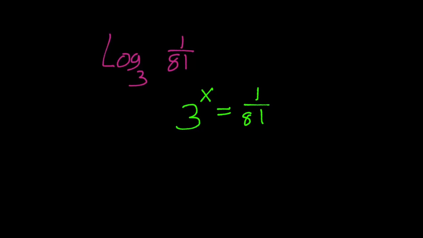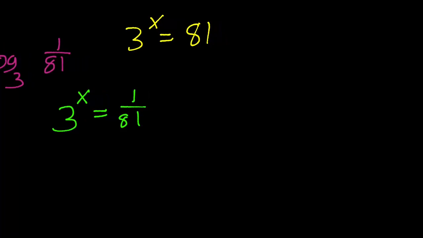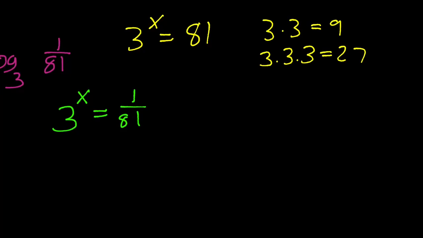So what I would do is first solve this problem. 3 to the x equals 81. What power do we have to raise 3 to get 81? Well, I know 3 times 3 is 9. If I multiply by another 3, 3 times 3 times 3, that's going to be 27.